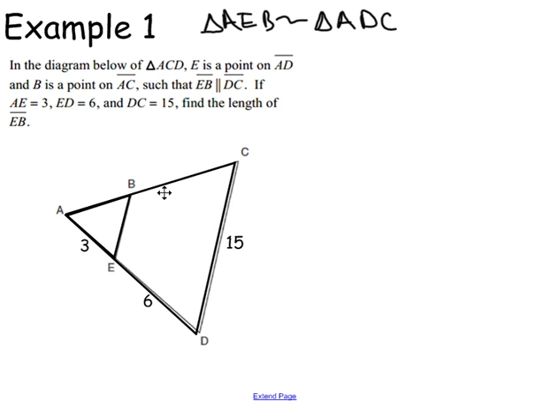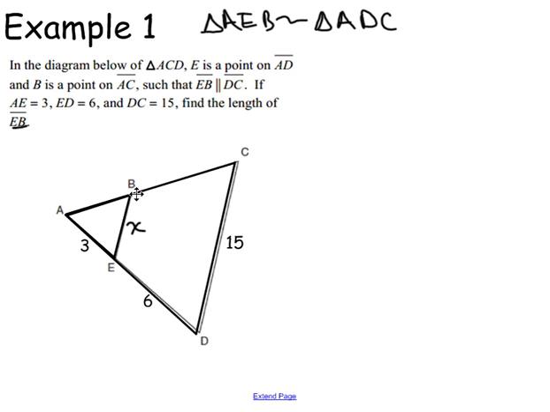I will prove it later on. For now, I'm just going to tell you that they are similar. What I want to focus on is, knowing that they're similar, how do you solve for the missing side EB? And I'm going to give you a strategy to do that.